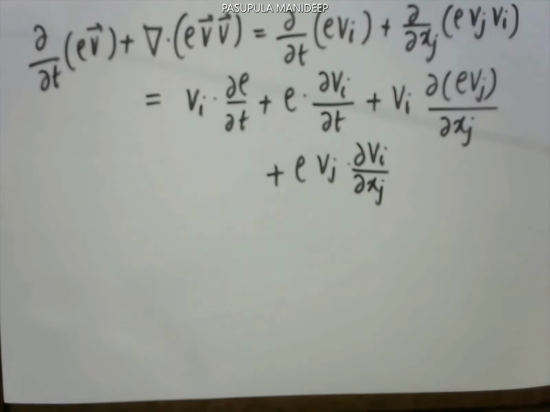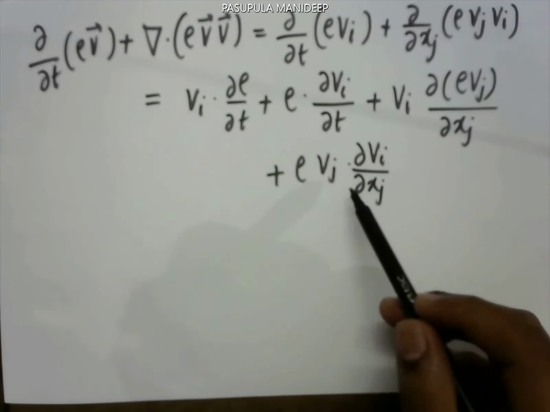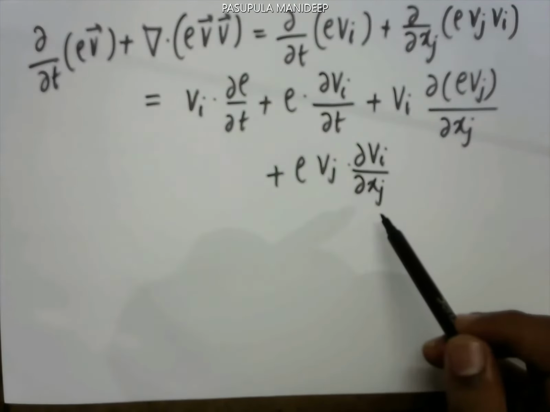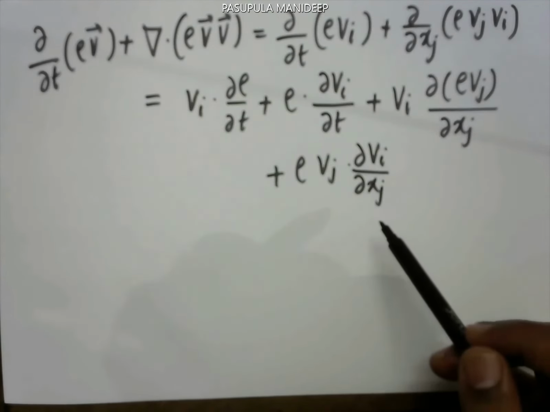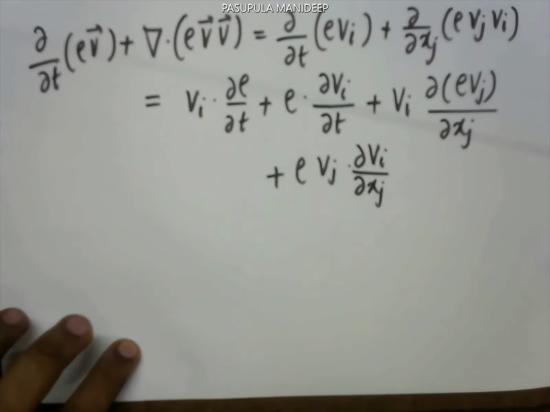We are not considering the del vj by del xj term, because that is equal to 0 from the continuity equation, the equation of continuity, right?